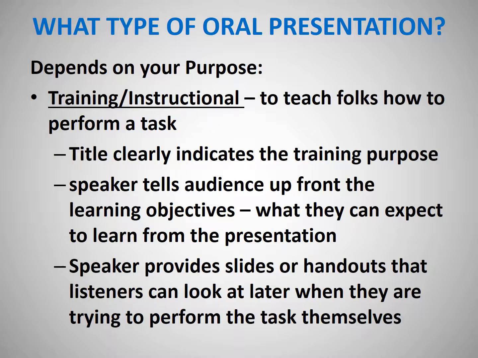And usually, as a part of these learning objectives, to aid people in learning what they need to learn, the speaker will often provide copies of the slides or other kinds of handouts that a listener can look at later, because the listeners are trying to remember now what they heard from you, and they're trying to replicate the process that you taught them how to do, or the task you taught them to perform. So they're trying to do it themselves, so it helps to have something to look at to remind them of what they heard. So often we'll use copies of slides or handouts to that effect.